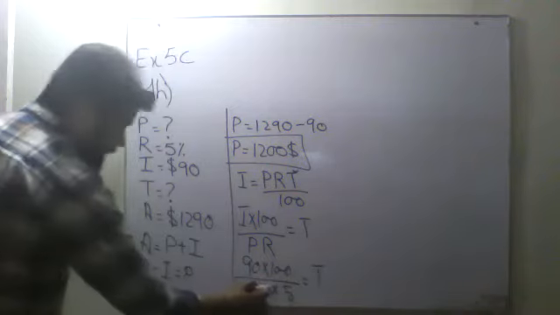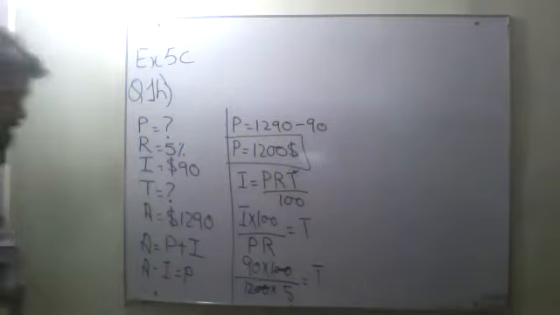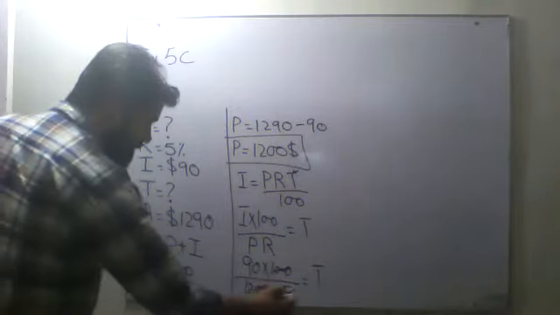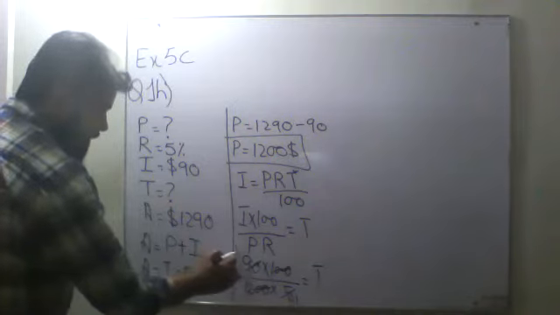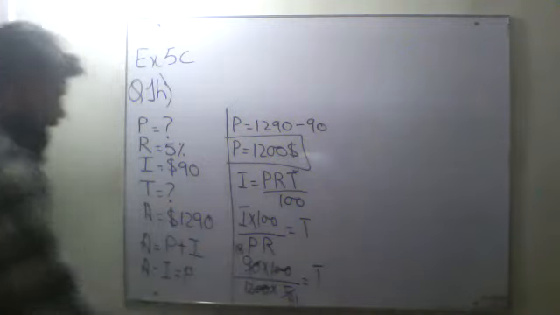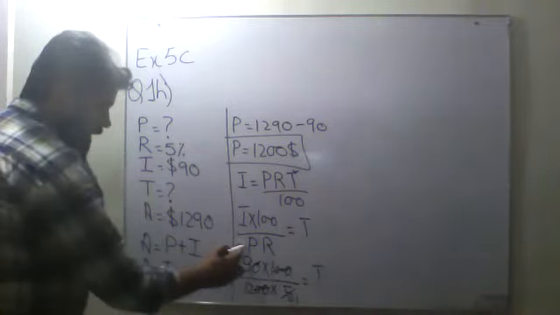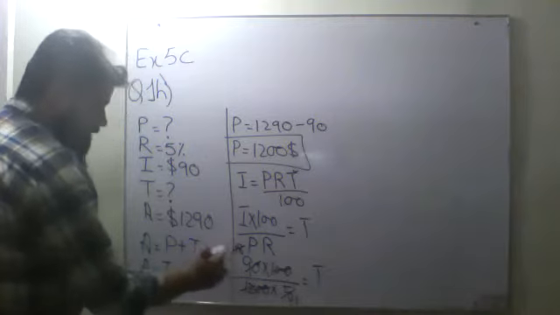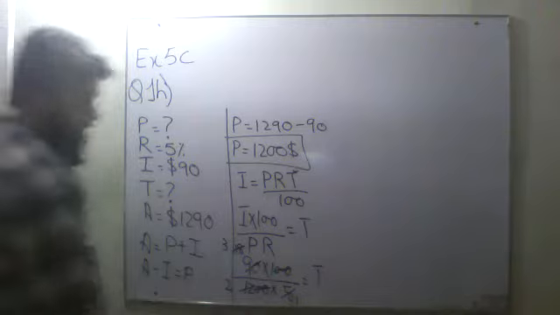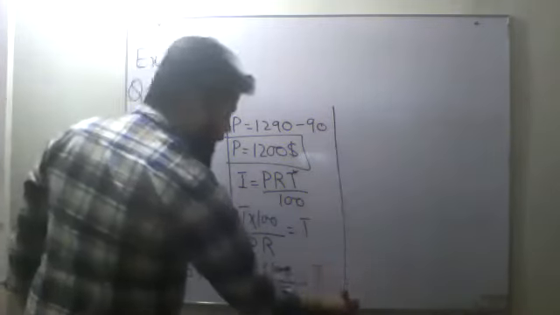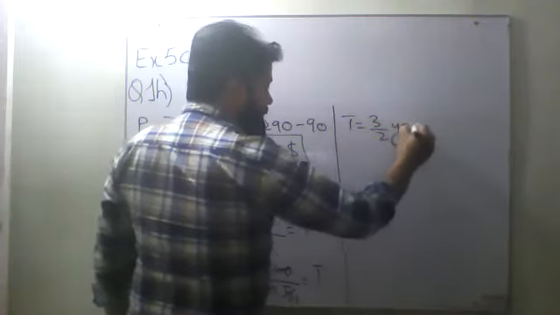Okay. So these two zeros will cancel these two, right? And then I can solve it: 5, 1, and this will become 5, 1, 8, 18. And 18 over 12 will become 3 over 2. So the final answer of time is coming 3 over 2 years.